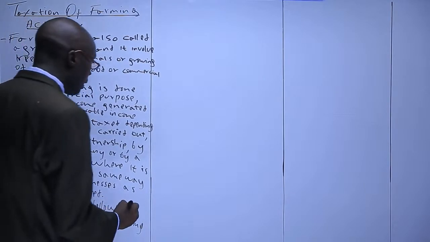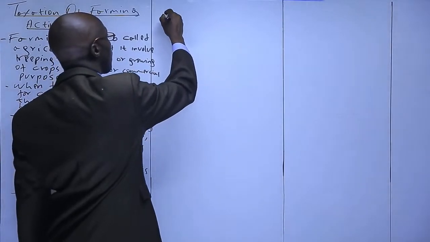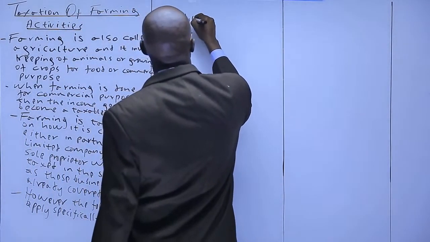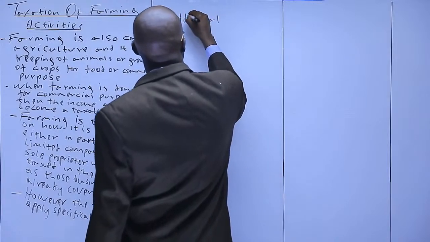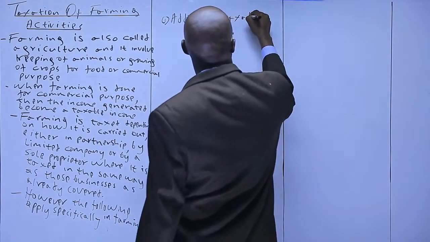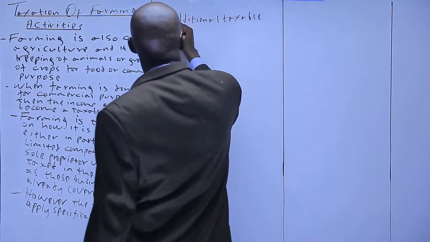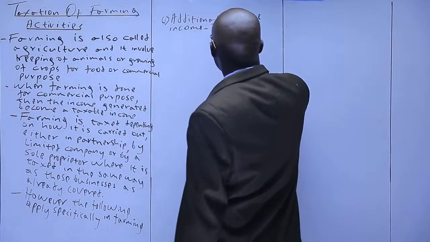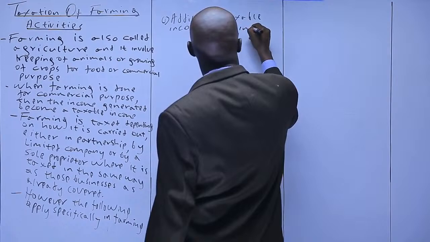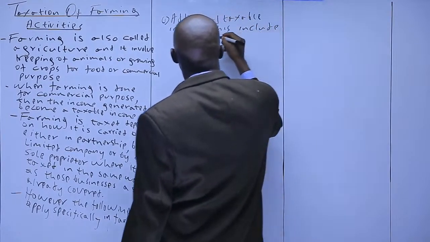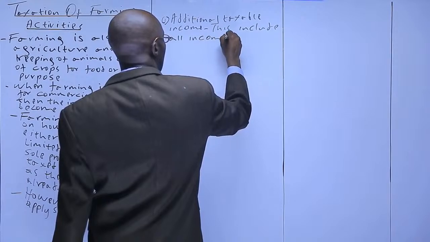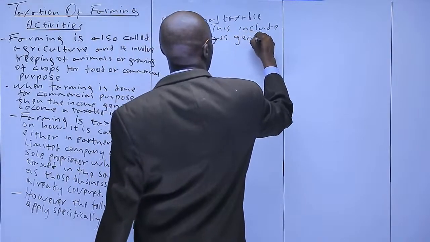So we have number one, the following specifically apply in farming. We have additional taxable income. This includes all incomes generated.